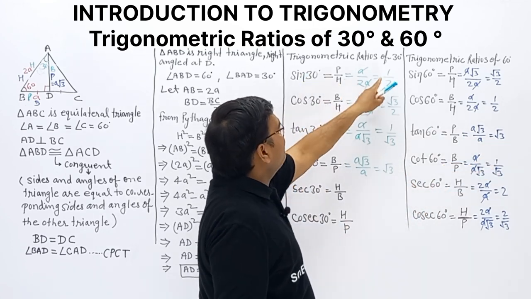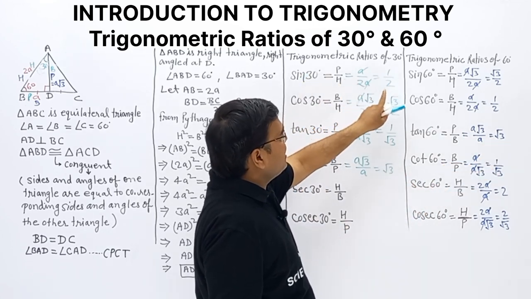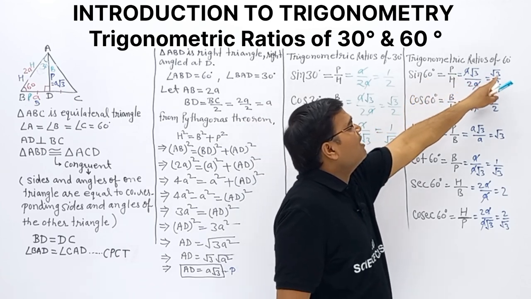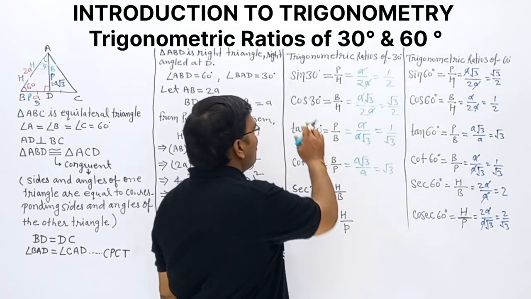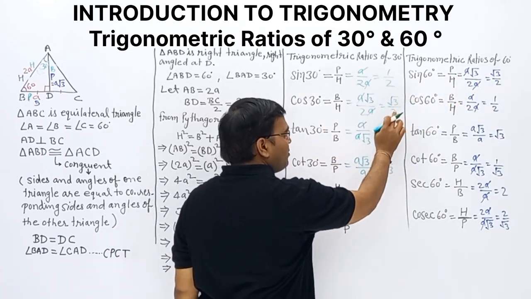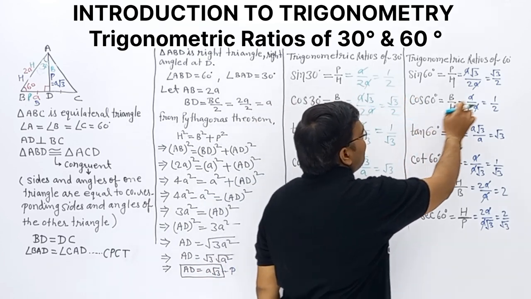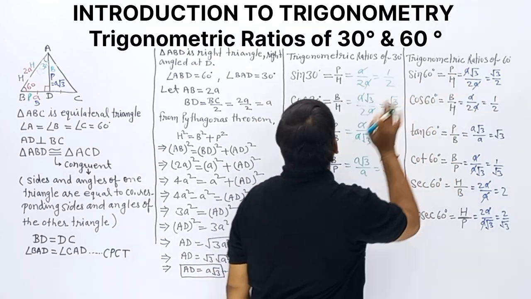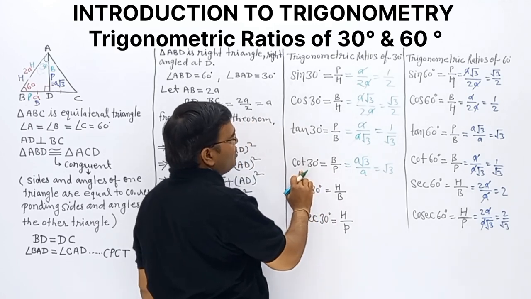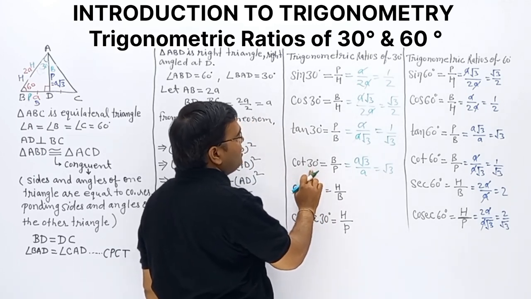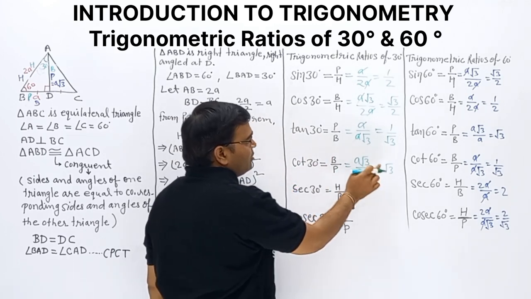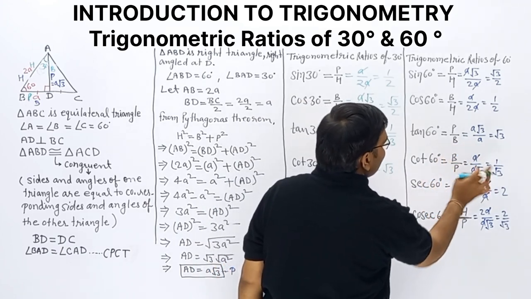Sin 30 is 1 by 2, no doubt at all, its right value. Sin 60 will be square root of 3 by 2. Cos 30 will be square root of 3 by 2, so cos 60 will be 1 by 2. Clear? Now cot 30 will be its reciprocal, this one, and its reciprocal will be this one.